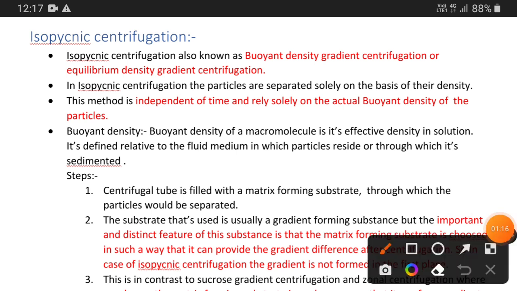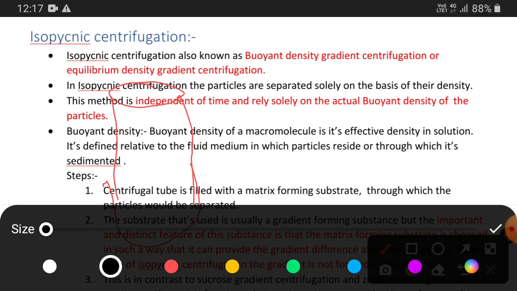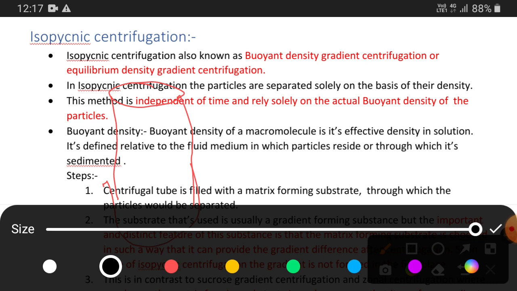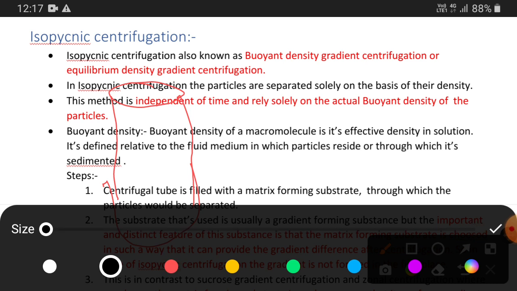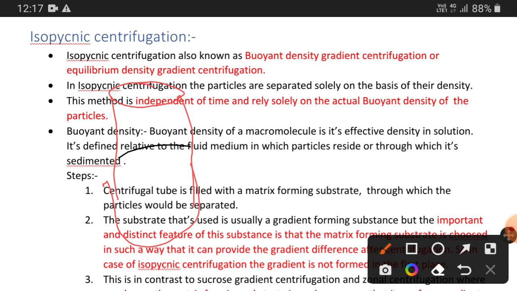So what is the idea? First of all, we will take a centrifuge tube, and in the centrifuge tube we will take the matrix forming substances. These matrix forming substances have a special quality.